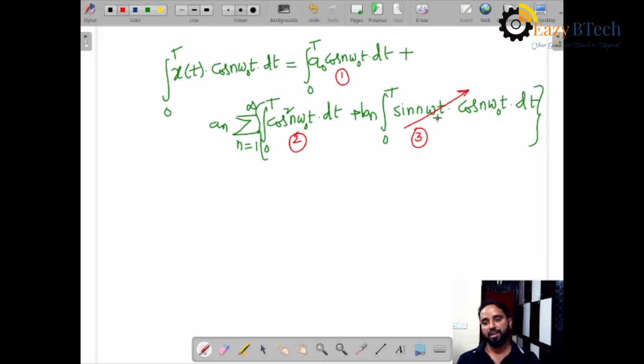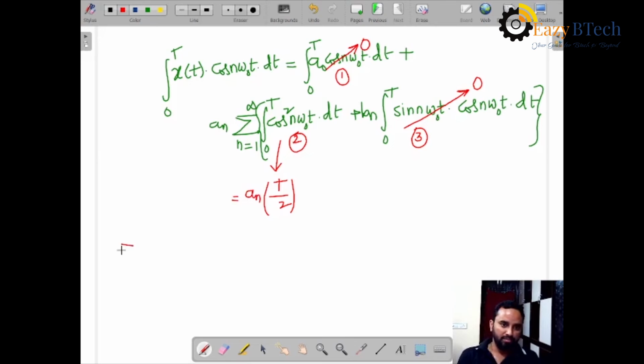The integral 0 to T of sine times cos is 0, and the integration of cos over 0 to T limits is 0, so only this one will remain. What will be this integration answer? T by 2. In the previous session we have done it. It is T by 2, so T by 2 times an. This is the RHS.